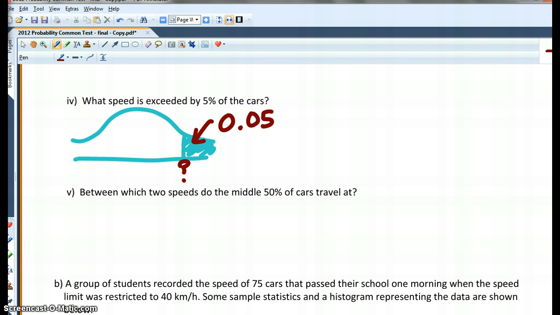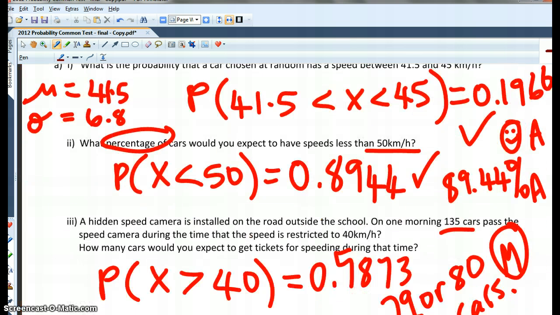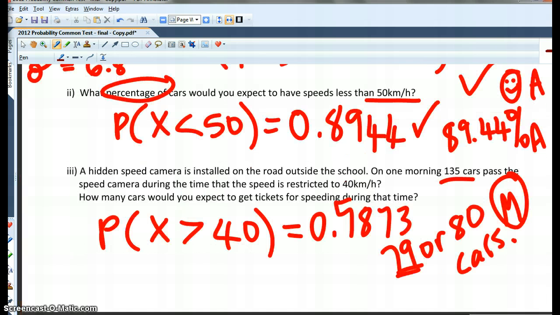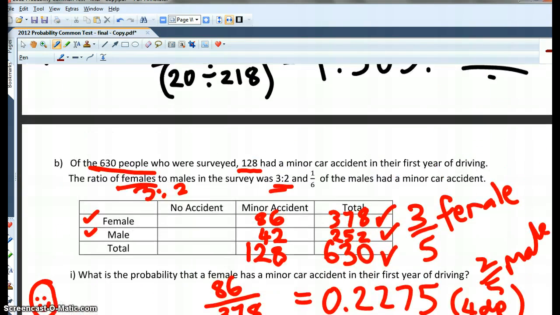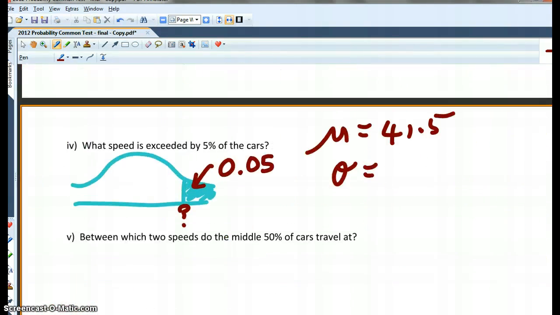Now, if we scroll up, we can see that our mean was 41.5 and our standard deviation was 6.8.